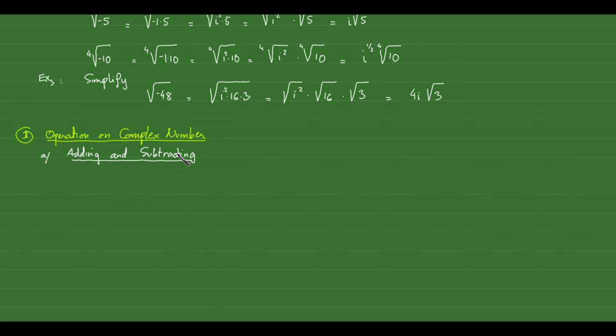The strategy is that if you want to add two complex numbers together, you have to add the real parts together and the imaginary parts together. You cannot add an imaginary part and a real part together. It's like combining like terms.